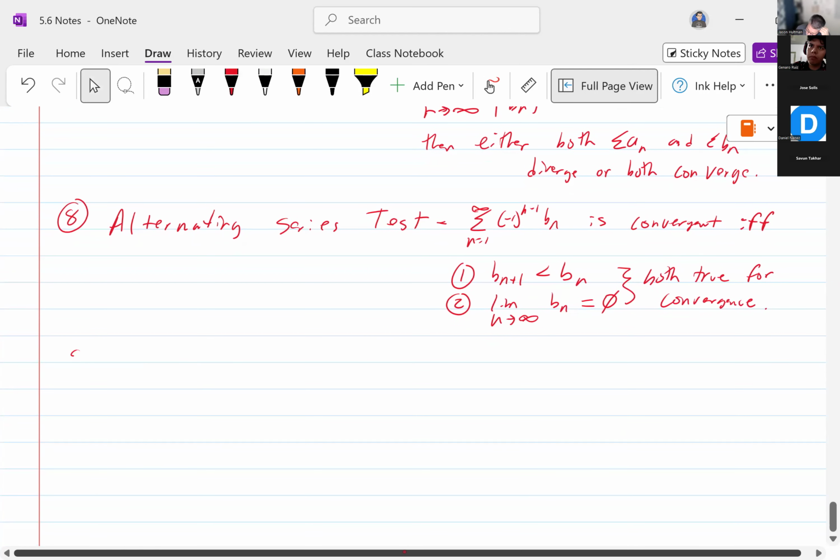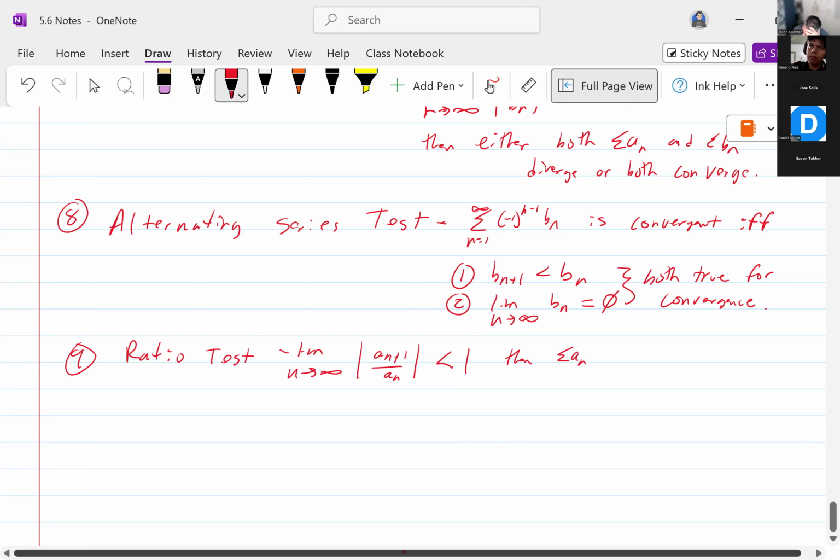Okay, number 9, covered that today. That's the ratio test. The ratio test says the limit as n goes to infinity of a sub n plus 1 over a sub n, if this is equal to some limit and this is less than 1, then the summation of a sub n is convergent.